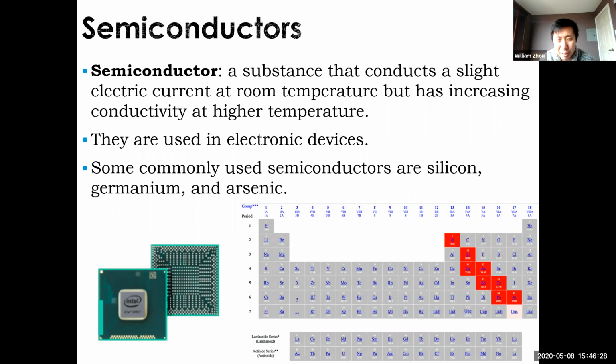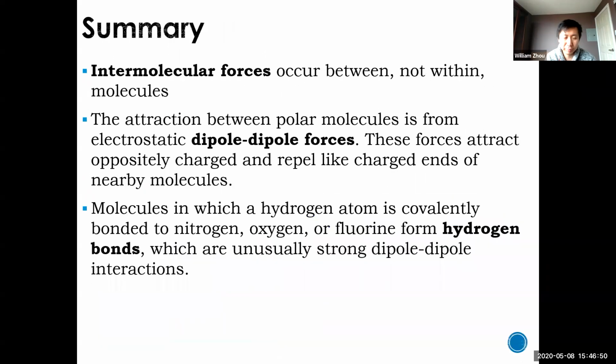If you increase the temperature, it becomes a better conductor. So that we call them semiconductors. And your chips, the silicon chips in your phone, in your computer, well, it's called silicon chip for a reason. It's made of silicon, a semiconductor. Okay, germanium, arsenic are also used in chips. So that's all I want to say about semiconductors.